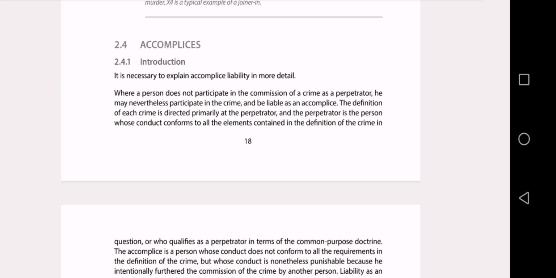The definition of each crime is directed primarily at the perpetrator, and the perpetrator is the person whose conduct conforms to all the elements contained in the definition of the crime in question, or who qualifies as a perpetrator.